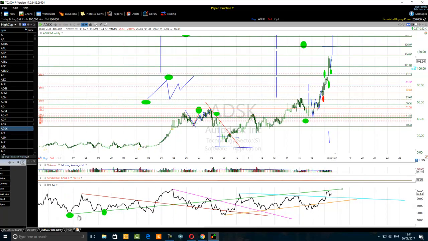Once we draw the trend line, RSI starts, so this point and this point. So we were here, RSI started turning here. We draw that trend line.